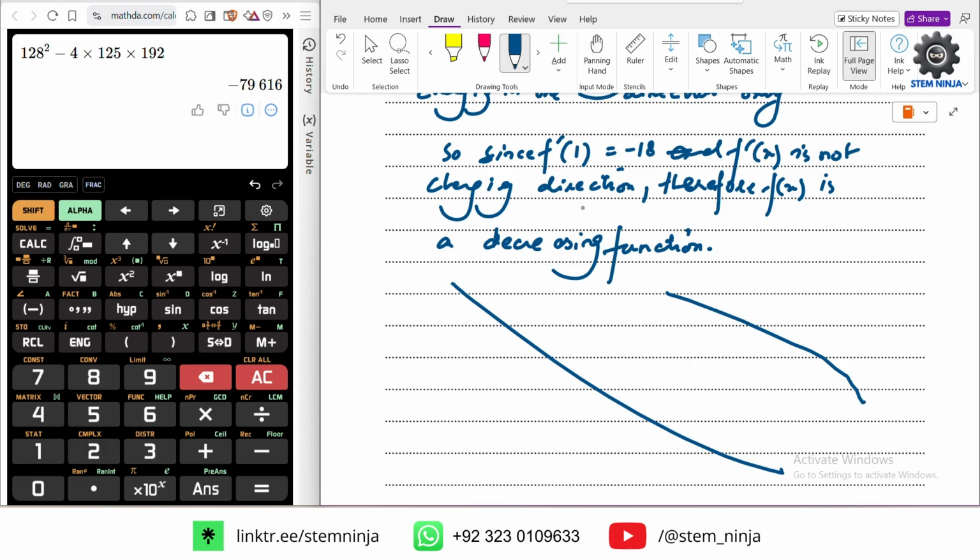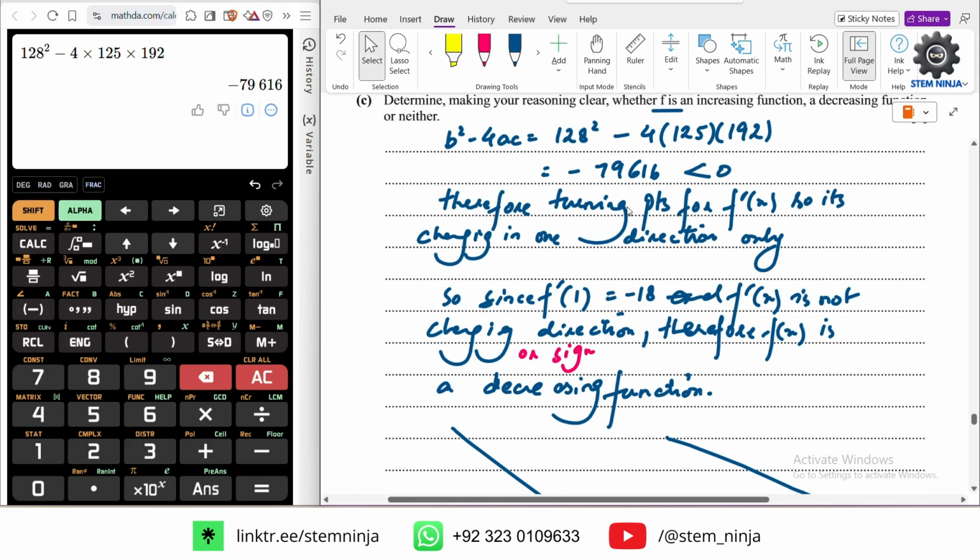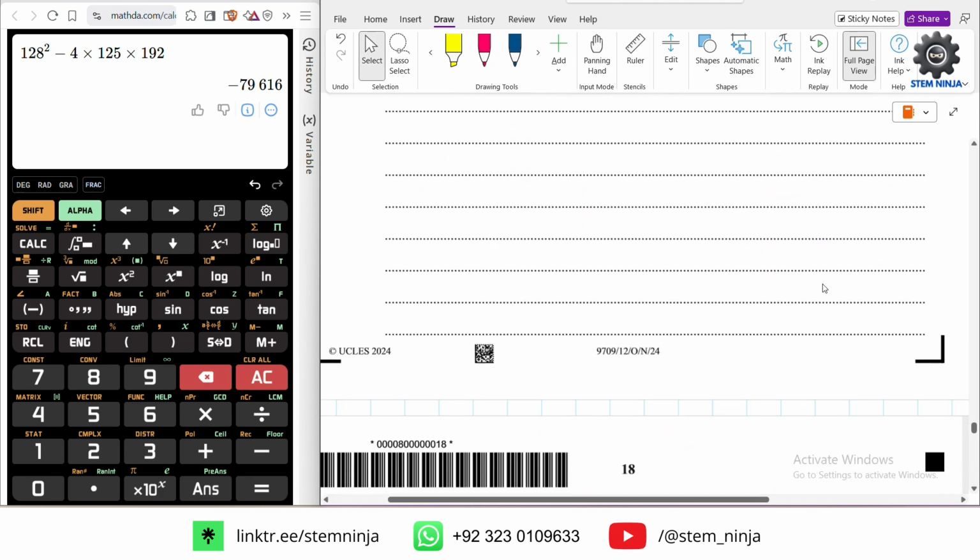But the sign of the gradient is not changing. Okay, so you can say that the gradient is not changing direction or sign, because we showed over here that it's not changing direction. There is no turning point for direction. So that's the reasoning for this.